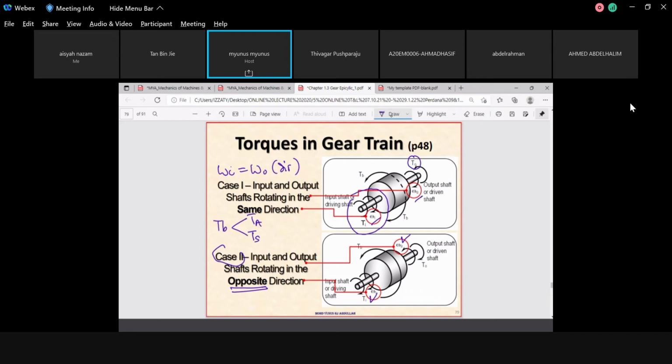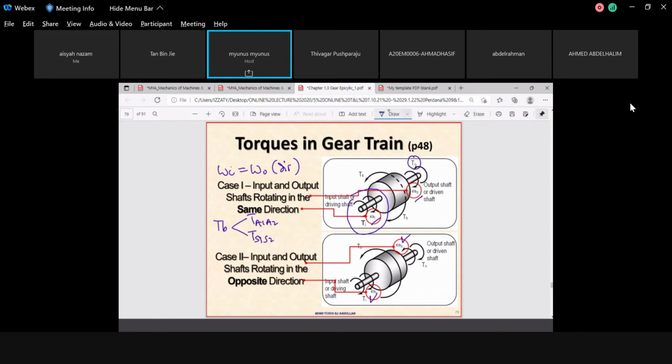It doesn't matter 1 or 2, doesn't matter S1 or S. So depending on which gear you are holding, fixing, or locking, it's very difficult for you to see what TB is now. I'm going to share with you here. So that is why we introduce equations before that. Okay. Go back to this one. Second case.